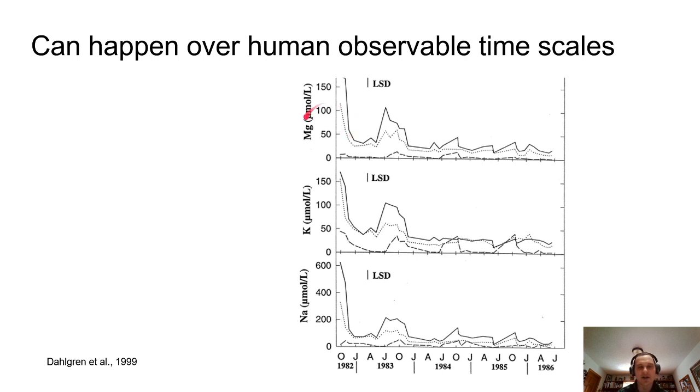So they measured magnesium, potassium, and sodium as it leached out, and you can see that over 4 years you started with a relatively high concentration of these elements, and it was quickly leached out. So chemical weathering was really happening here on a 4-year timescale that really dramatically changed the chemistry of this parent material and therefore of the soil nearby.